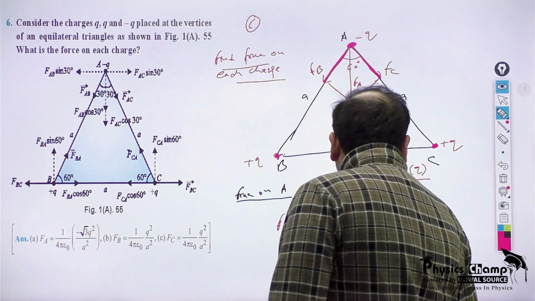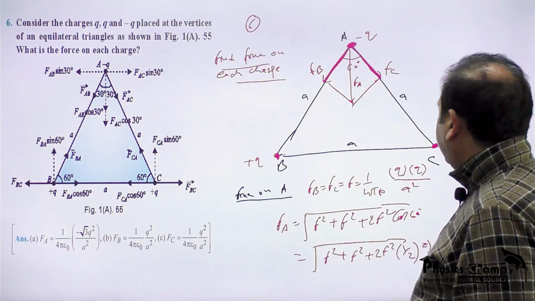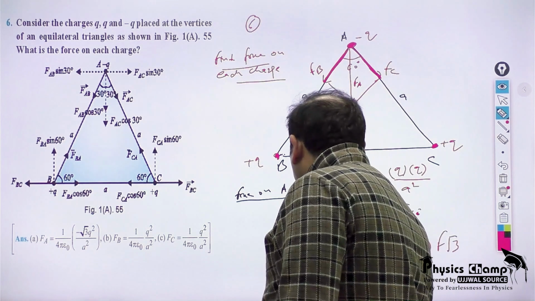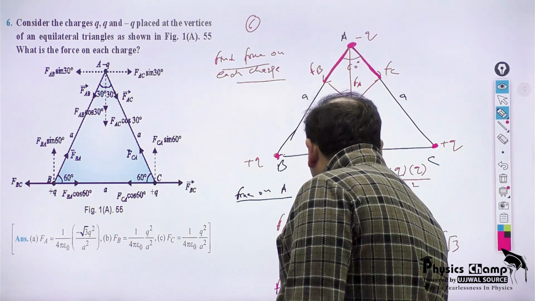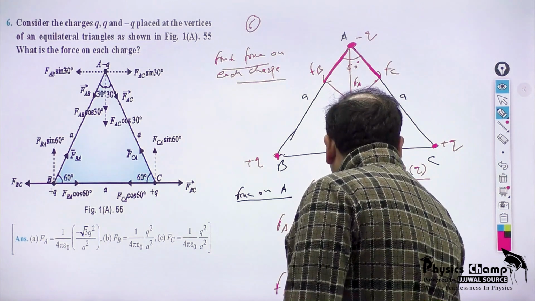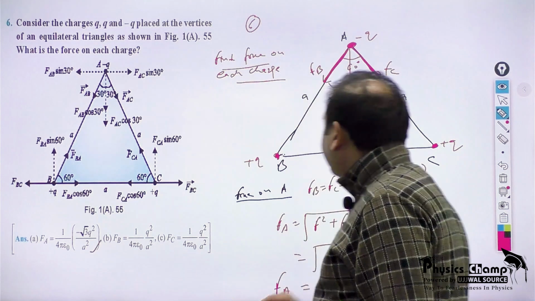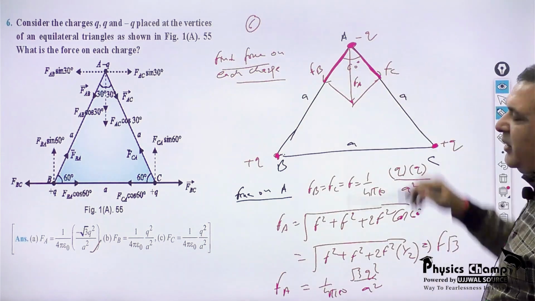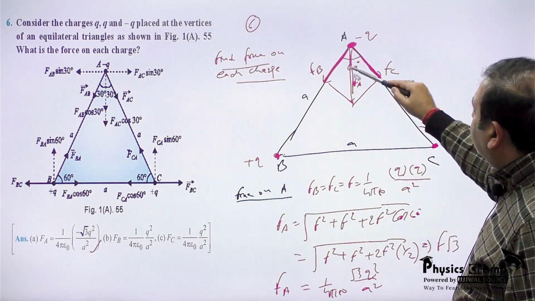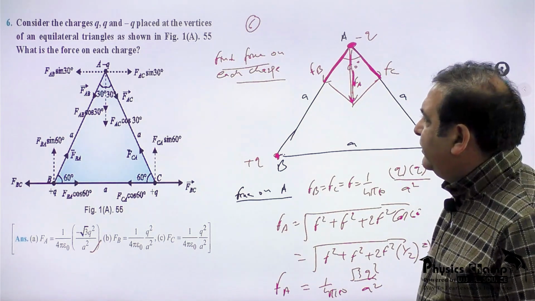So we are getting root 3 F square, or F root 3, and thus the net force here at A will be 1 by 4 pi epsilon naught root 3 Q square by a square, and it is towards the center, in the downward direction. So this is about force at A.